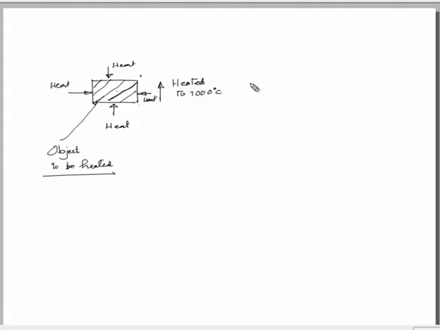Now, in this case, if we heat from all the sides, then heat transfer will take place by conventional means, and this area will be heated up first, these layers will be heated up first, then the next layer will be heated up, then the next layer will be heated up and so on.